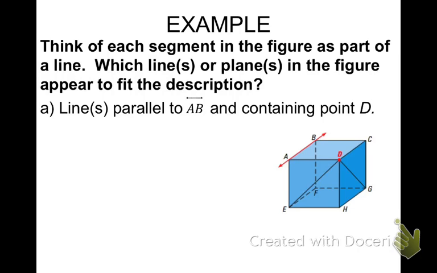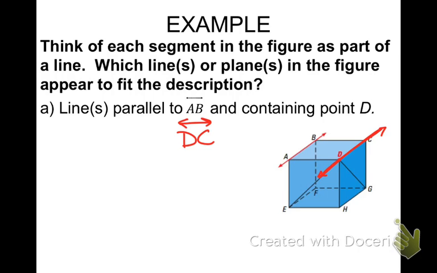And I want to talk about all the lines that are parallel that contain point D. Well, what other edge is parallel to AB that contains this point? DC. Right here, right? Wouldn't that end up being parallel to it? So let's say line DC.